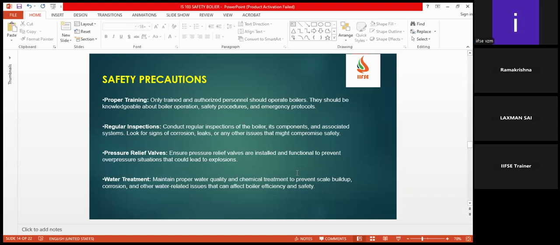Okay, I'm sharing my screen. Just once you're able to see my screen, say yes in the chat box, please. Is it visible?